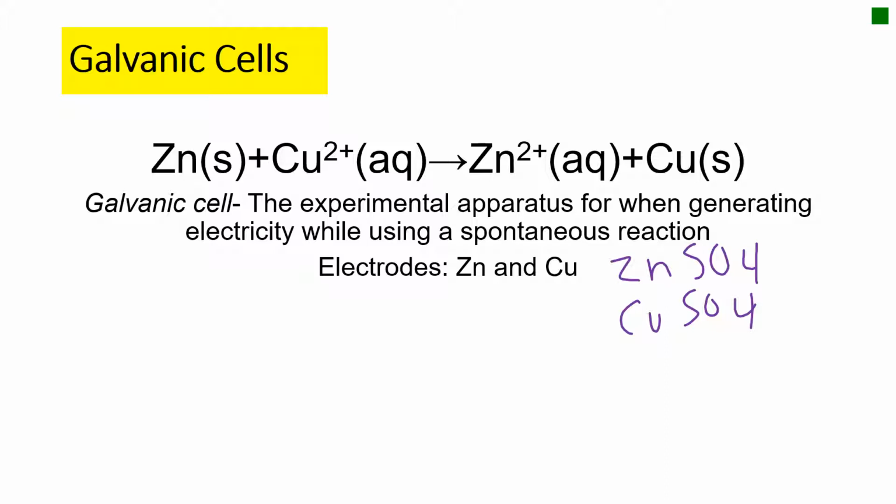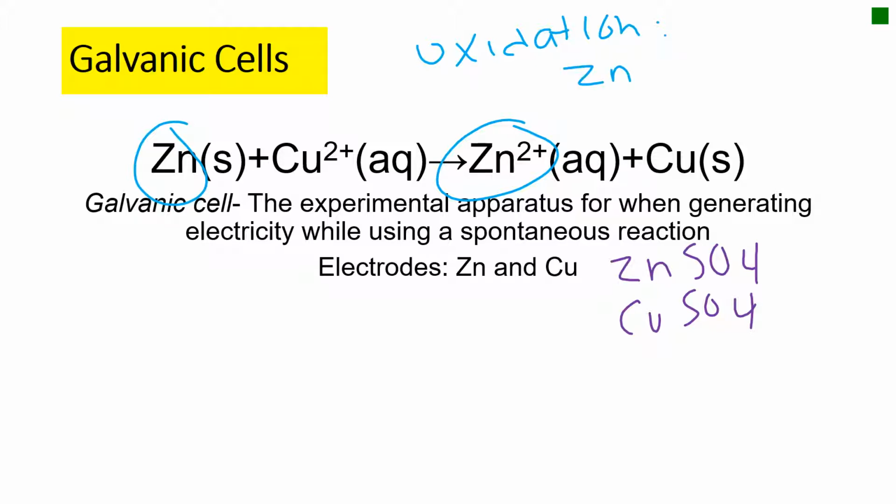The cell operates on the basis of the oxidation of Zn to Zn2+. So for example, in this case, the oxidation would only involve zinc. It's going to zinc 2 plus.